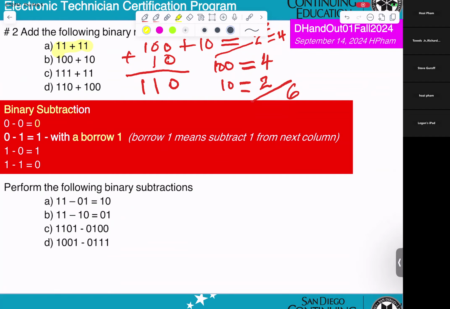What does borrow one mean? Borrow one means subtract one from the next column. 1 minus 0, 1. 1 minus 1, 0.